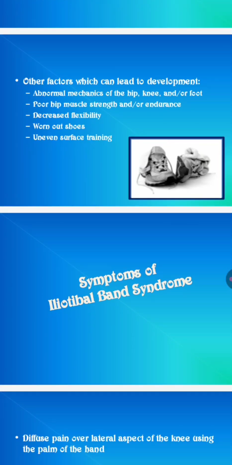Other factors which can lead to development are abnormal mechanics, the posture of that patient or athlete, poor hip muscle strength, decreased flexibility, worn out shoes, or uneven surface training. People who are training sometimes don't have even surfaces, and in some conditions they can't change shoes regularly, and they face such problems.